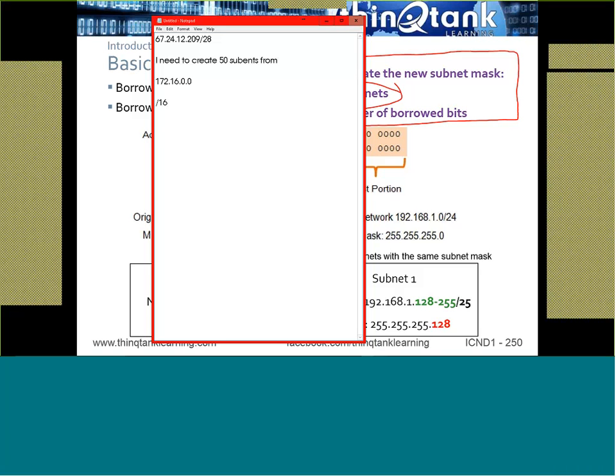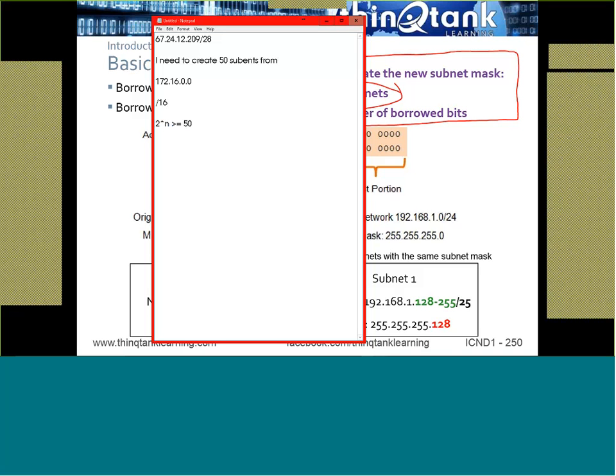Question is, how many bits do I need to create my 50 subnets? Just remember the formula: 2 to the power of n is greater than or equal to 50. 50 is the number of subnets I need to create.